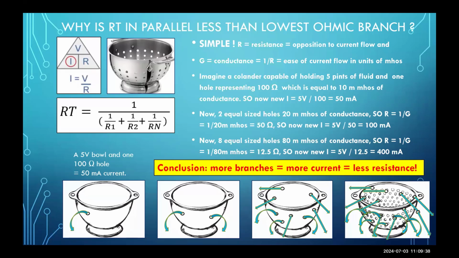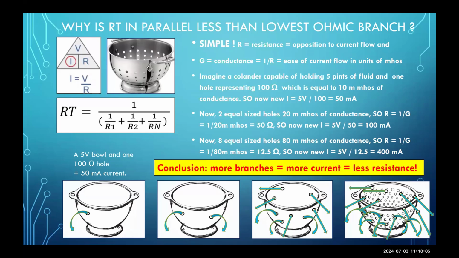Now, we're going to put in 2 holes. They're equal size holes. The resistance is 100 for each hole. They do not add. You do not have a total of 200 ohms here. What you have is another pathway for current to flow. What you have is greater conductance.